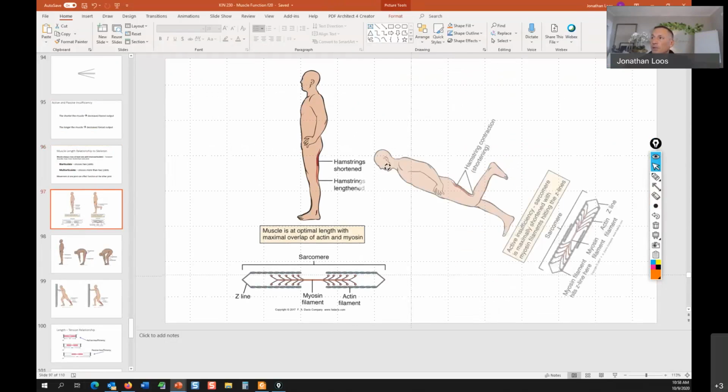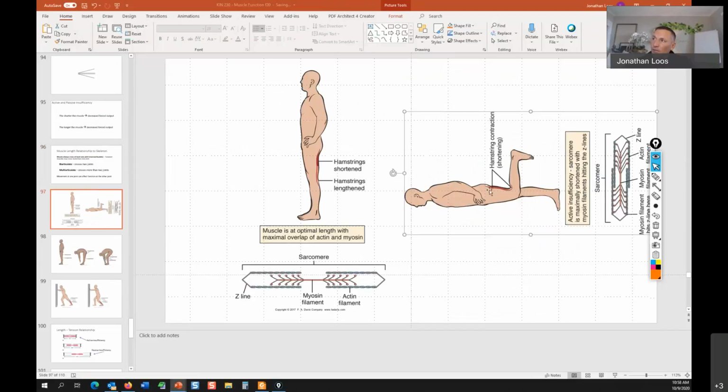So if this was him here, if I wanted to maximally shorten the hamstring, I would try to bring my heel to my butt, and then once my heel's at my butt, I'm going to try to lift my knee straight up in the air. So I'm doing like a donkey kick fully, and that would most likely cause most people to cramp, right? And if you try to do that and try to maintain that, you would be in a maximally shortened position.